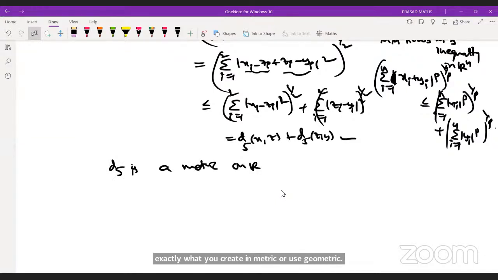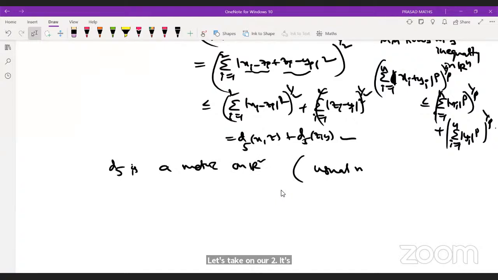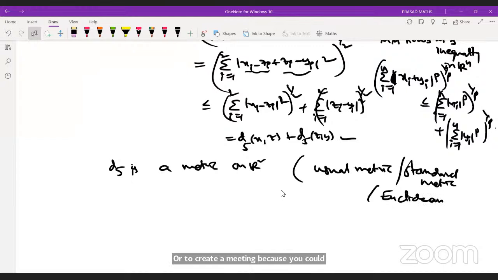This is exactly the Euclidean metric, or usual metric, on R2. This metric is actually the usual metric, or standard metric, or Euclidean metric, because the Euclidean distance is there, on R2.